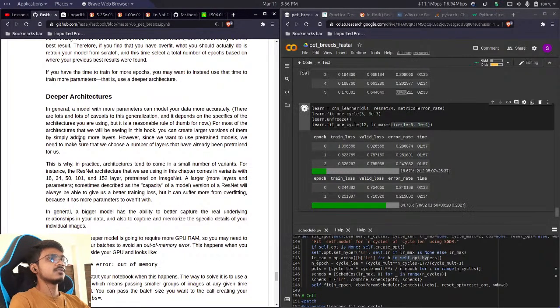For most of the architectures that we will be seeing in this book, we can create larger versions of them by simply adding more layers. However, since we want to use pre-trained models, we need to make sure that we choose a number of layers that have already been pre-trained for us.